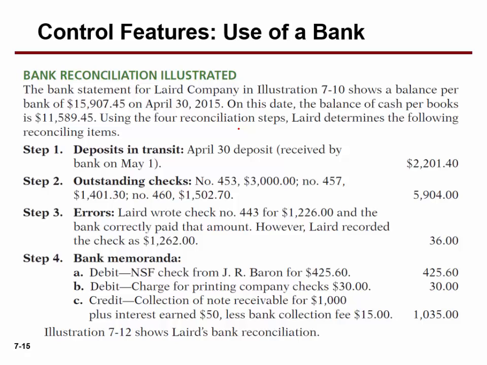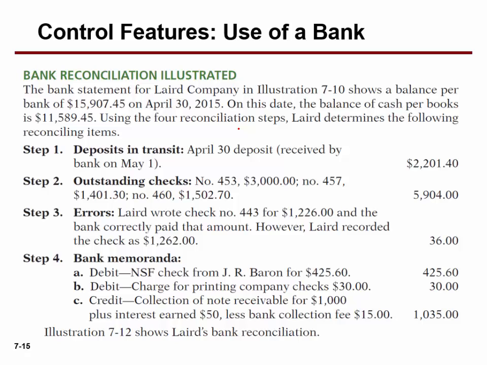Okay, good. And so when you go ahead and you start with what? $11,589.45. And then you do what? You add 36, you subtract 425.60, you subtract 30, you add 1,035.